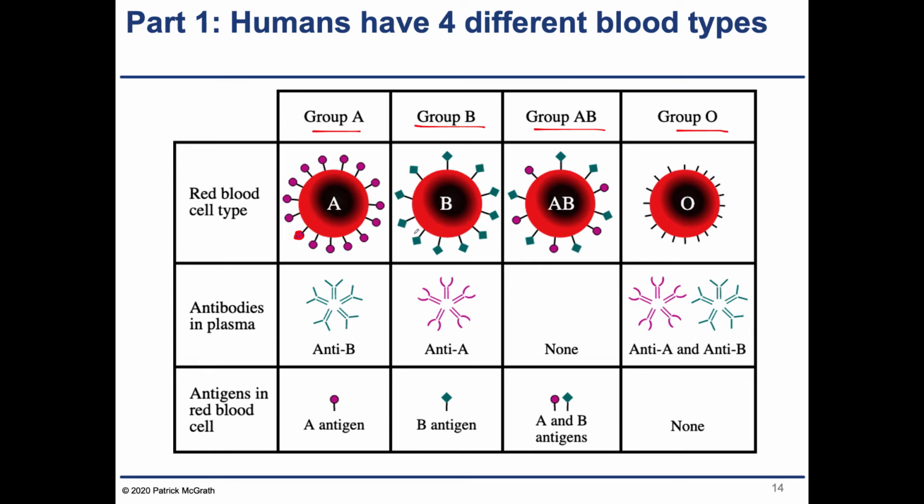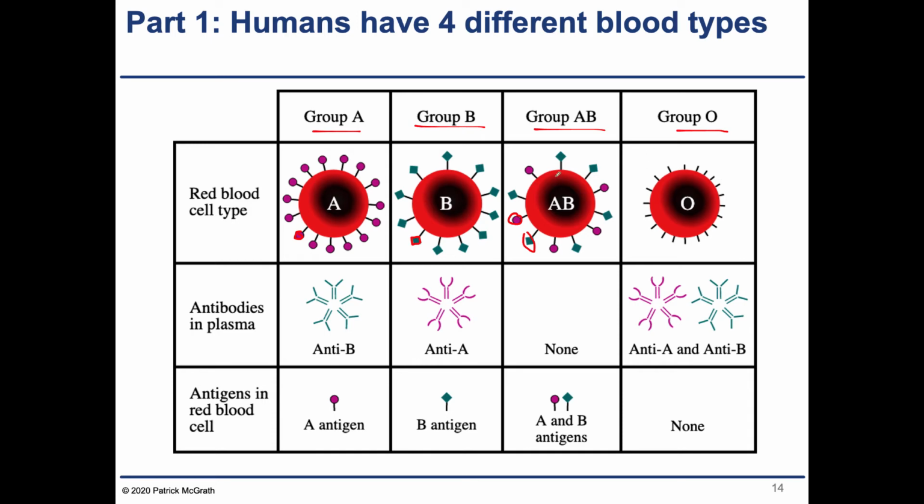If you are B blood type, then it means your red blood cell has these little proteins on the outside for the B. If you are AB, that means that you have both of them on there. And if you are O, that means you have none of them.